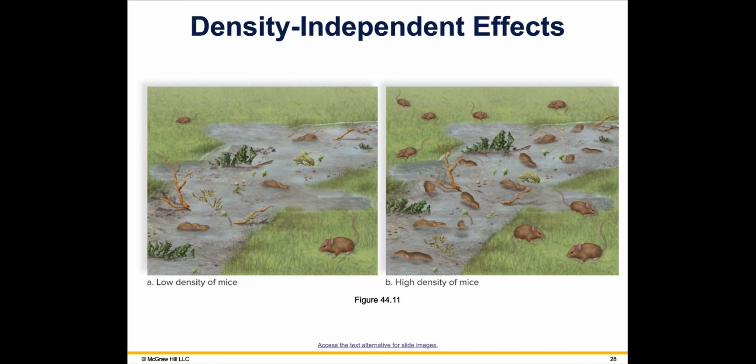And if we did some math and counted, or you read in your book the caption, it says that even when it's low density, we lose 20% of our population. And when it's a high density, we're still losing 20% of the population. It's the number being different, but truly the density doesn't matter. The impact is the same.